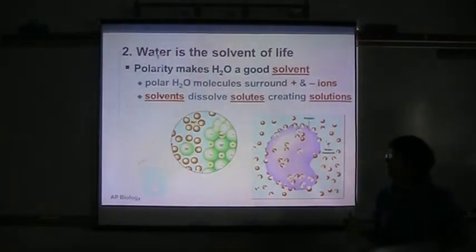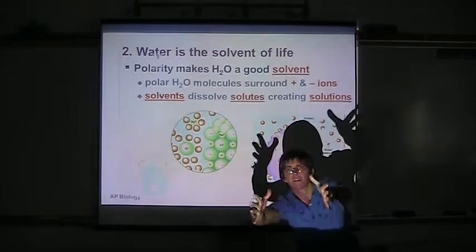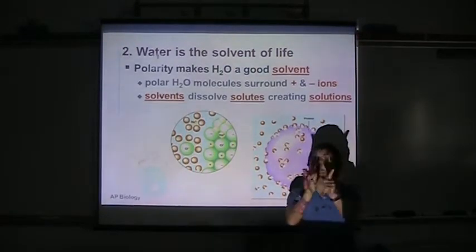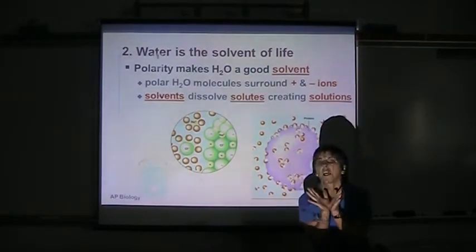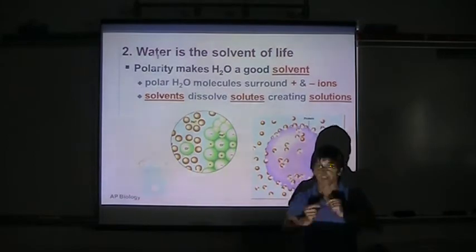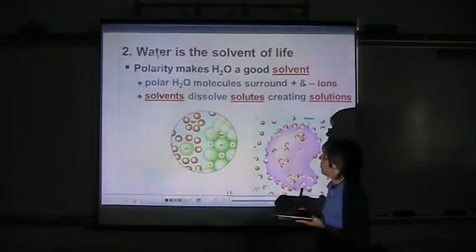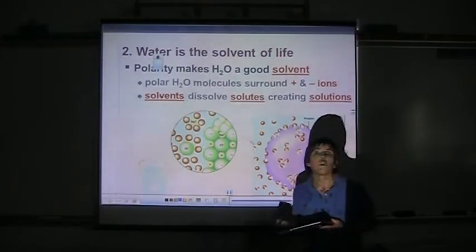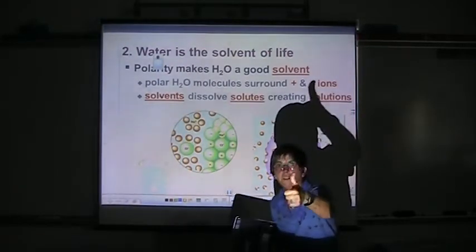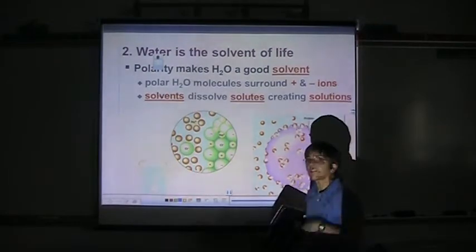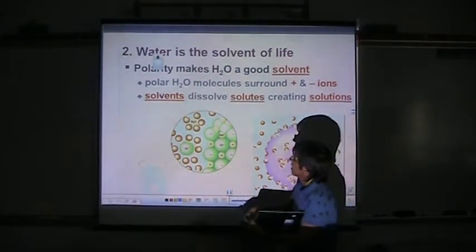Now, water, you know very well, is a solvent, and it's called the solvent of life because water can dissolve pretty much everything. How does water dissolve pretty much everything? Well, pretty much everything that is slightly polar, that has a charge. So if you have a compound like sodium chloride, that is positive sodiums and negative chlorines, guess what happens there?